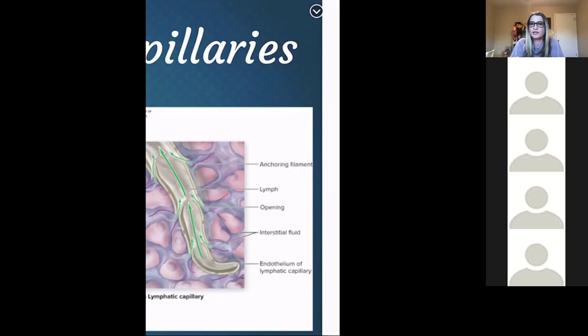So I mentioned the anchoring filaments, so make sure that you again remember blind-ended or closed-ended vessels is what these are, okay? And it's the increase in hydrostatic pressure that pushes some of that fluid into the lymphatic capillaries. So these lymphatic capillaries are going to, as I mentioned, merge into larger vessels, and then larger vessels merge into trunks, and then the trunks merge into ducts.